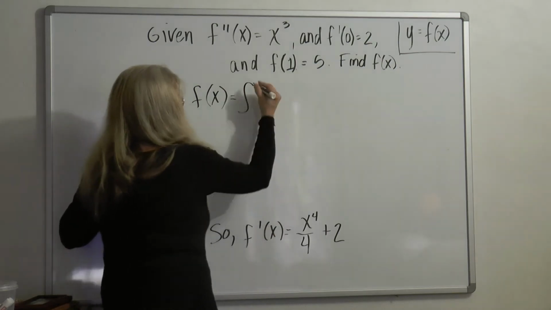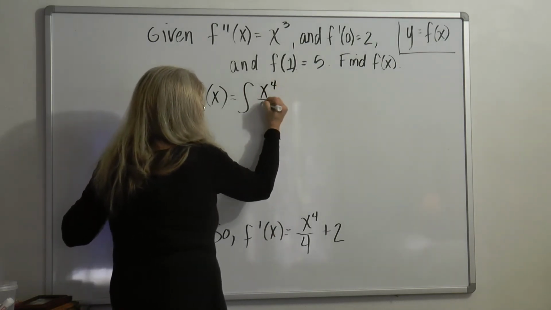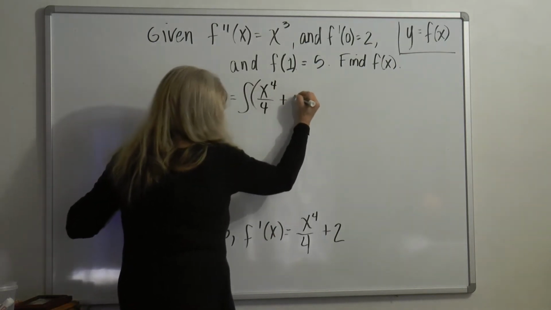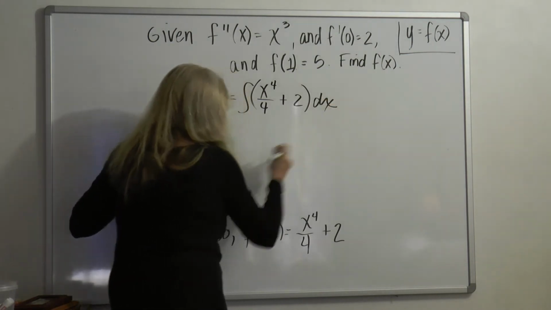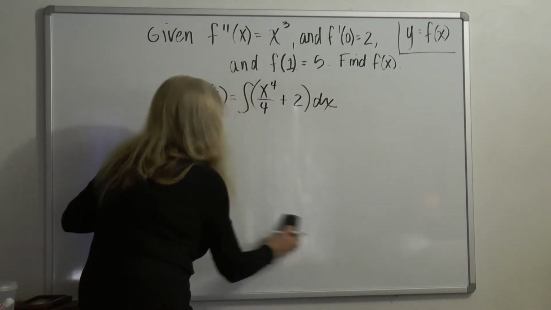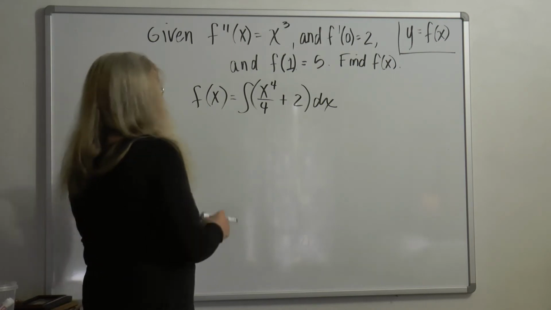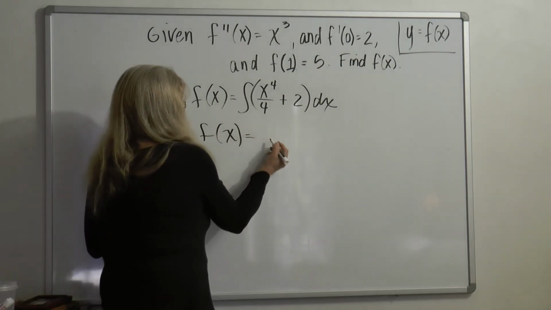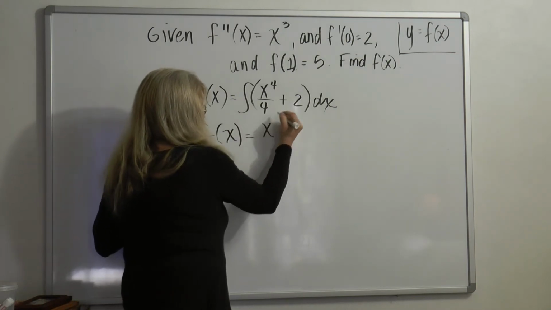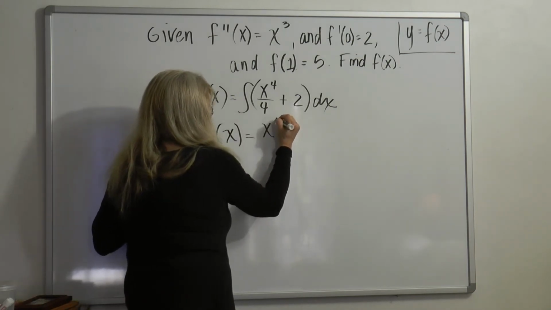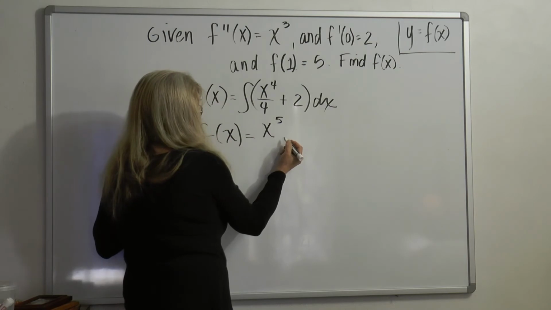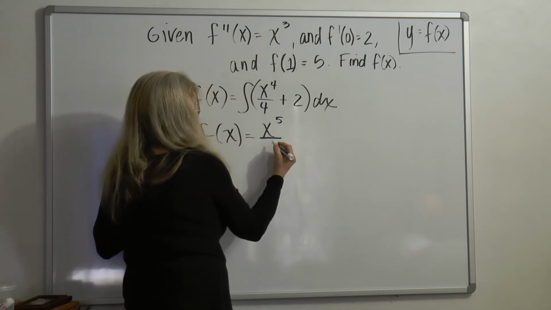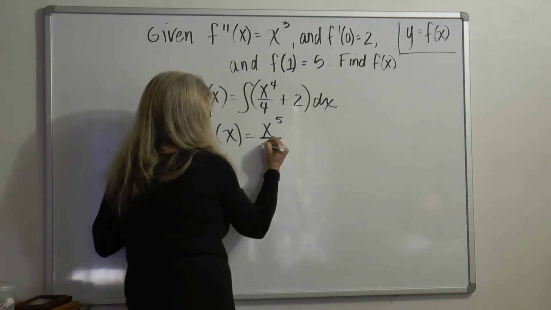I'm just going to write this stuff up here. Okay, so f of x is going to be x to the fifth over 4.